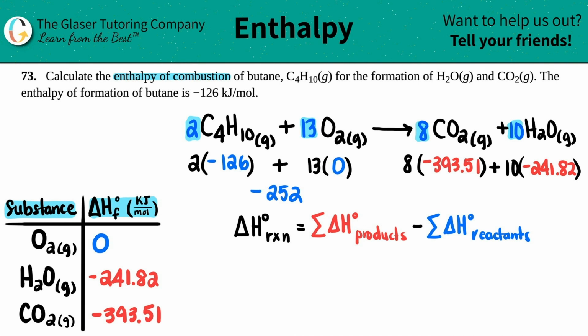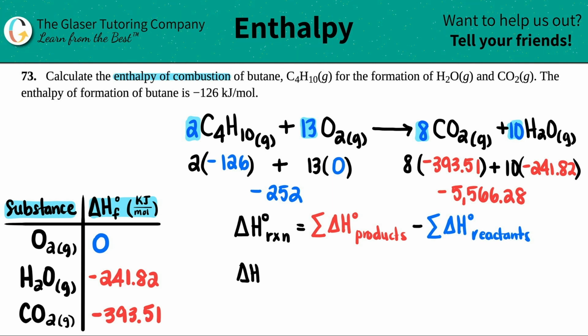Let's see, 8 times a negative 393.51 plus 10 times negative 241.82. Whoa, negative 5,566.28. All right, now we're ready to do the formula.